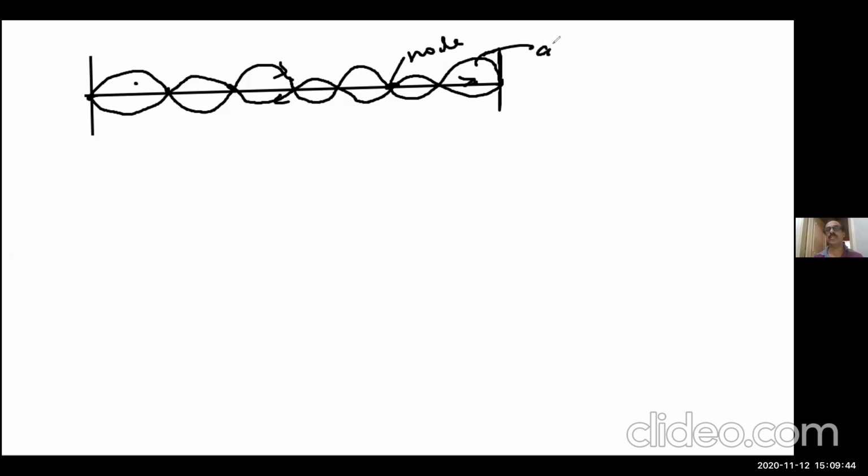When two sets of progressive waves of the same type, either both longitudinal or both transverse, because one longitudinal and one transverse we cannot use, having the same amplitude.